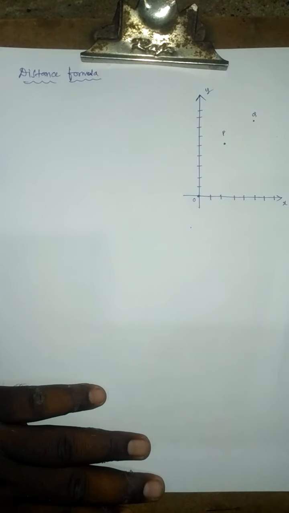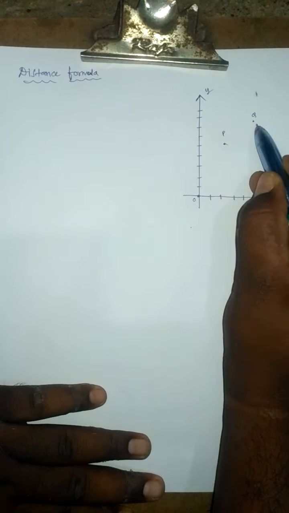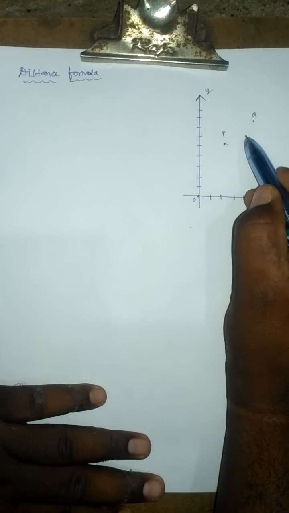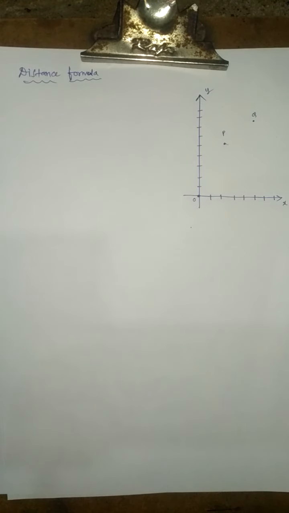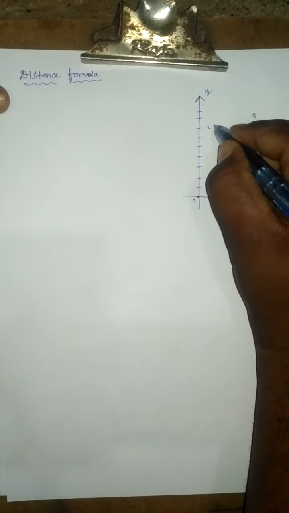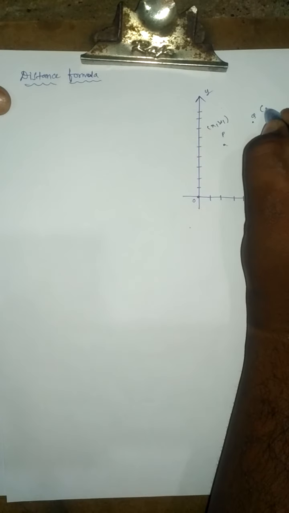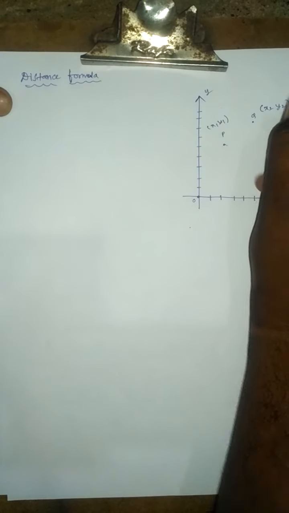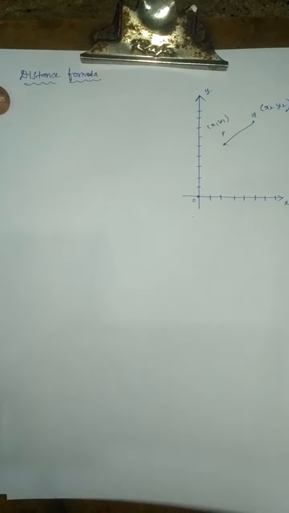Now we have to find the distance from the point P to Q. To find this distance, we have to give coordinates for both points. So this P coordinate I am naming x1, y1, and this Q coordinate I am going to name as x2, y2. So what we have to find out? Distance from P to Q we have to find out.